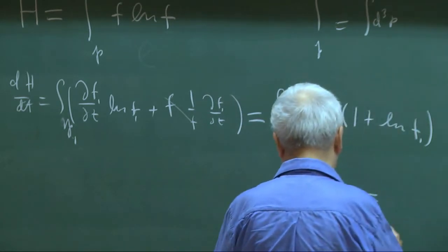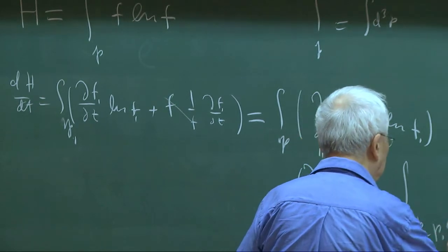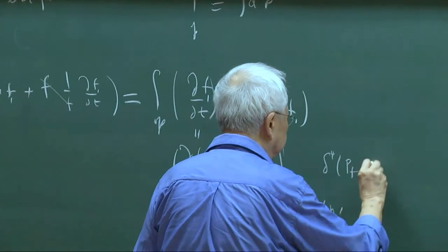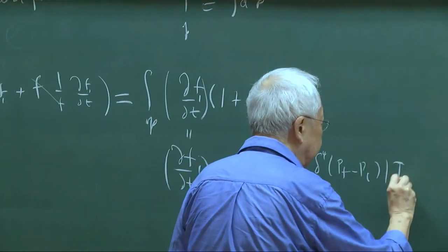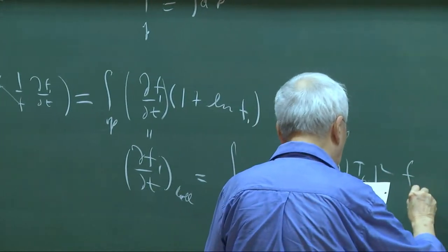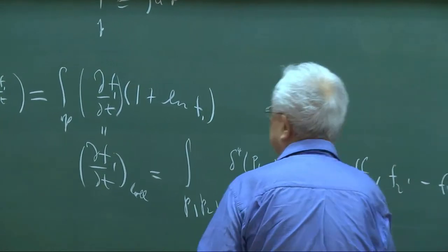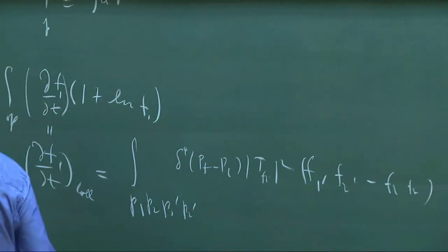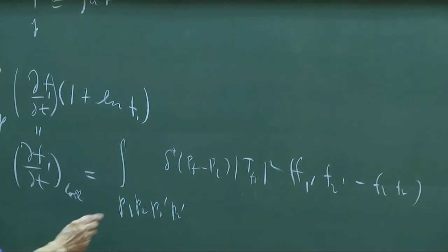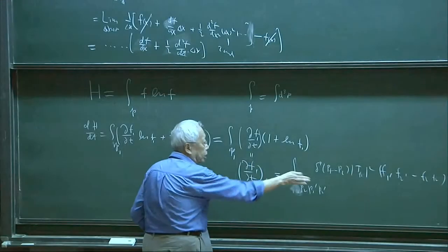And this, of course, is just equal to integral over p1, p2, p1 prime, p2 prime of the delta function of the final minus initial momentum, the T matrix squared, times f1 prime f2 prime minus f1 f2. Then you substitute this in. But when I integrate over p1 here, it completes the integral.